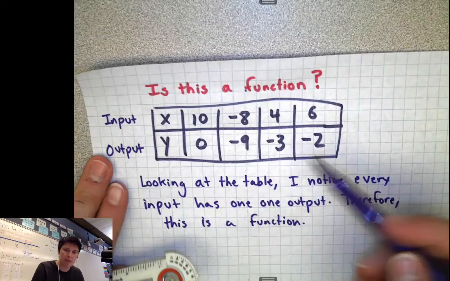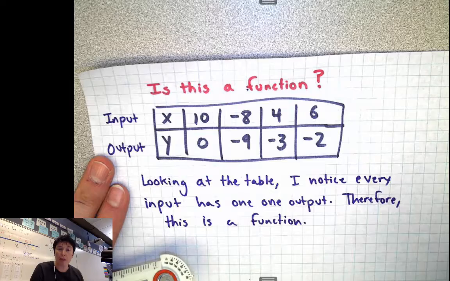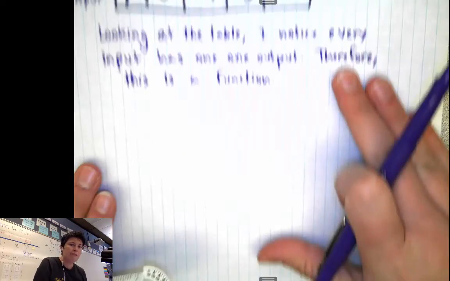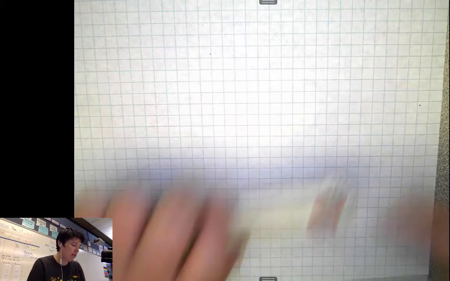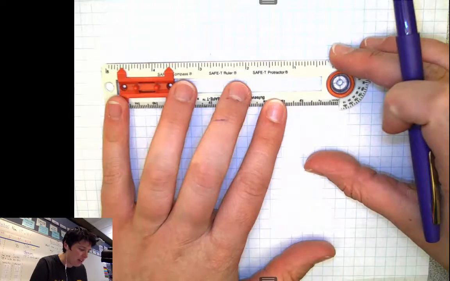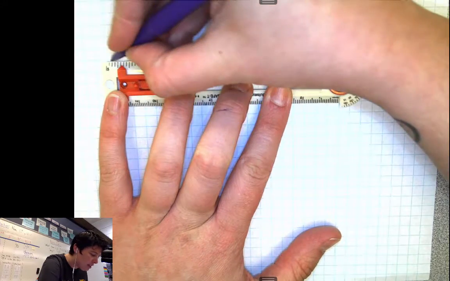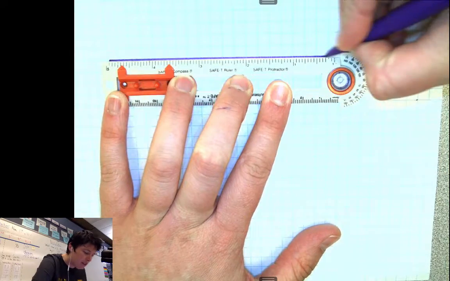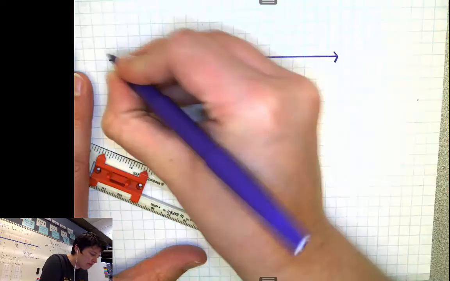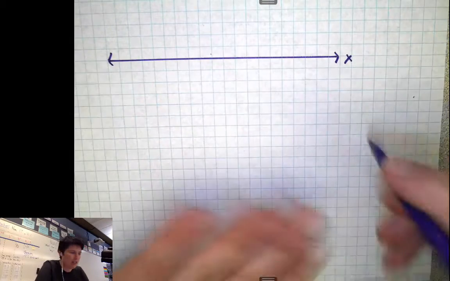If you look at the table, the x's go from -8 to 10, so we have a pretty big x-axis here. When I grab my ruler, I'm going to set up a really long x-axis that can reach 10 and -8. Let's go like here, and hopefully that is long enough. That's my x-axis. What was the biggest number I needed to get to? Wasn't it 10?